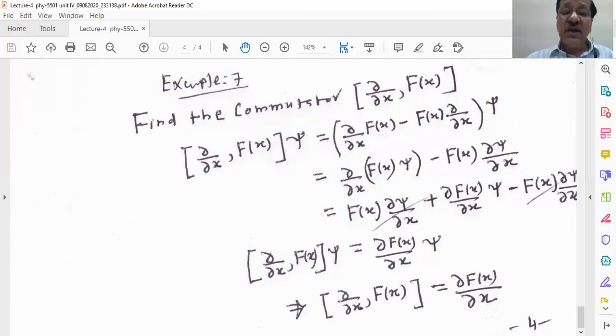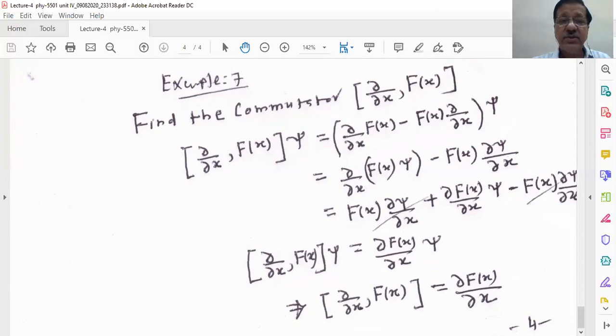Friends, I have taken at least 5 to 6 problems today to give you the understanding of Hermitian operators as well as the commutators. We will also take several problems for commutators as well as Hermitian operators next time. I hope you will solve the problems, and I will now give you assignments for several problems of Hermitian operators as well as commutators.